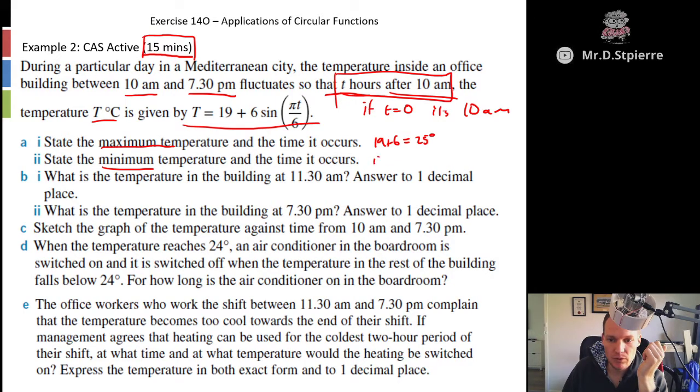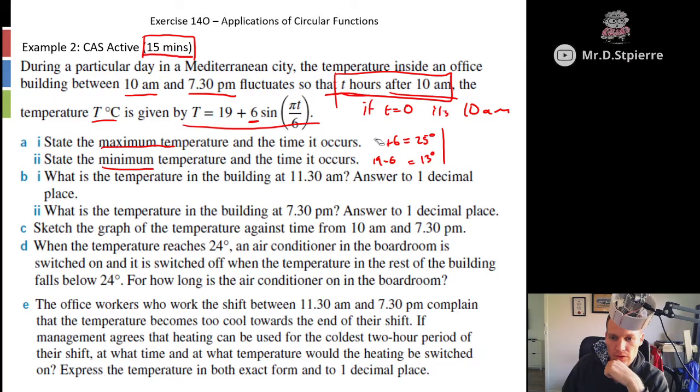And the minimum is going to be 19 minus 6, which equals 13 degrees. Okay. The time it occurs, use your graph, using trace or min and max functions. Or you can use fmax and fmin.